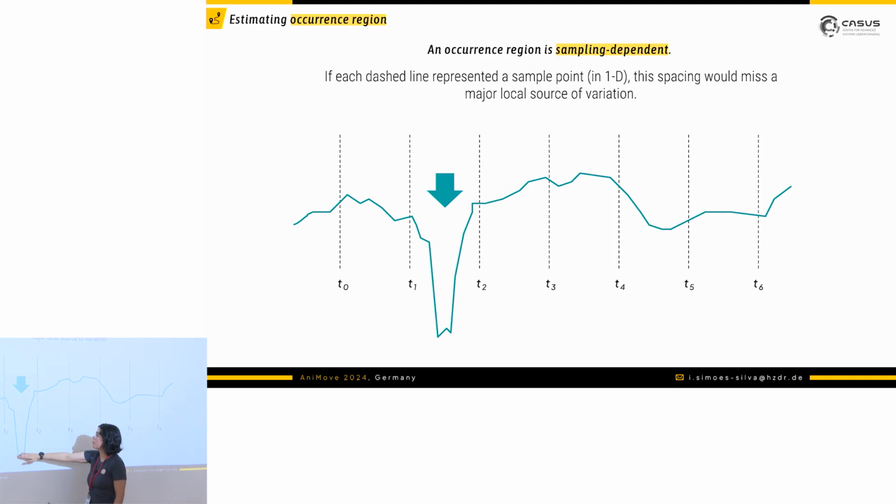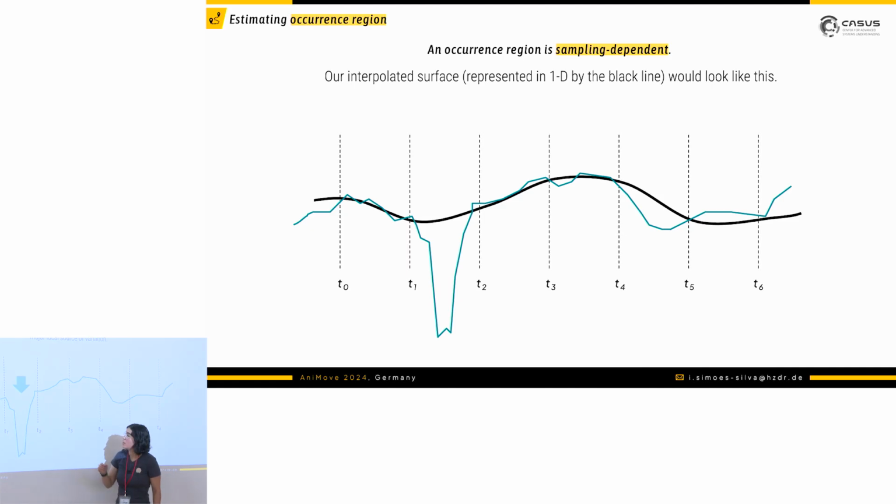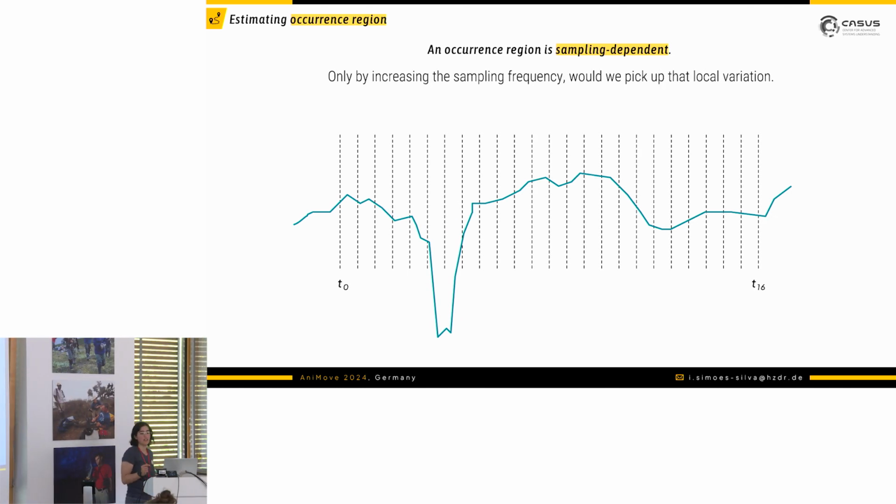And there was a point here where maybe the animal went further than we would expect based on the other series of locations. But since we're only collecting at certain points, what happens with the kriging method is that it might lose this big source of variation, right? It doesn't really account for it. Maybe it decreases a little bit, but it still doesn't fully account. And you don't see that variation when you're actually looking at the interpolated data.